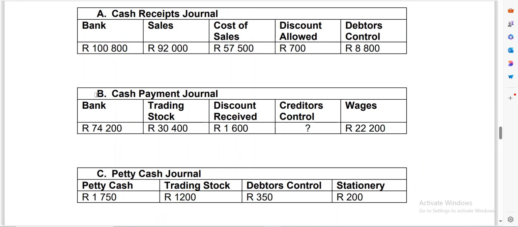The next journal is the cash payment journal. This means that this is where we bought stock. So if we bought stock, our trading stock will increase, and because it's cash, our contra account will be bank.